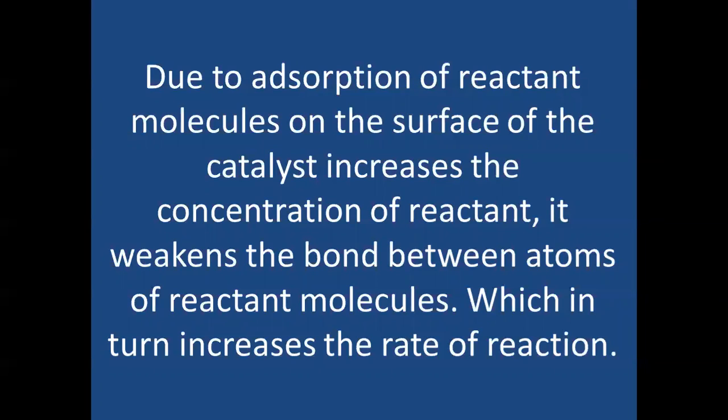Similarly, we have CuCl2, which is used as a catalyst in the production of chlorine by Deacon's process. And one more example I have given you, that nickel is used as a catalyst in hydrogenation of oil.